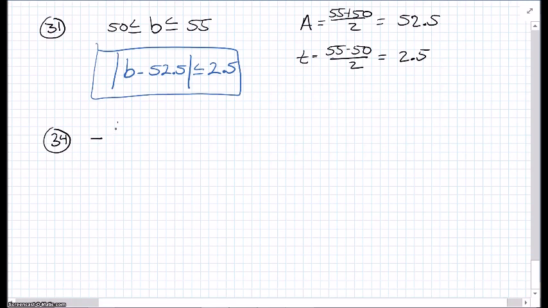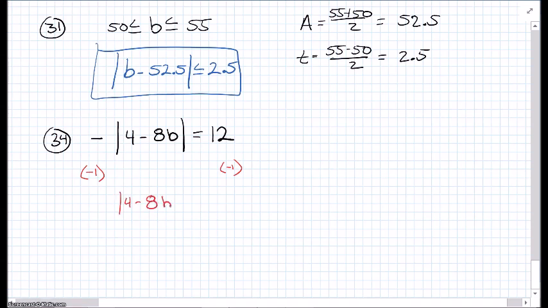I have a negative sign, absolute value of 4 minus 8b equals 12. Okay, I've got to get rid of the negative sign. So what am I going to do? I'm going to multiply each side by -1. So now I get the absolute value of 4 minus 8b equals -12.